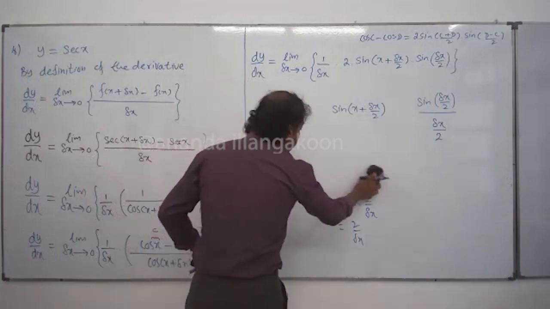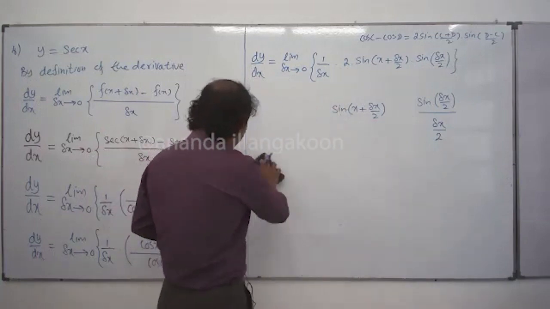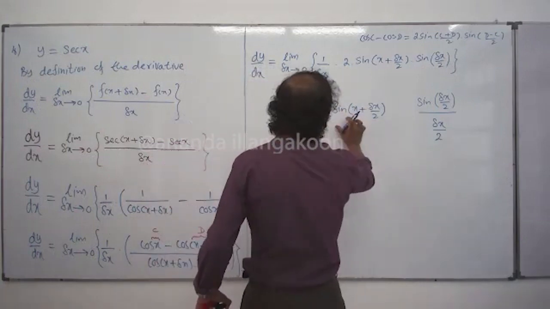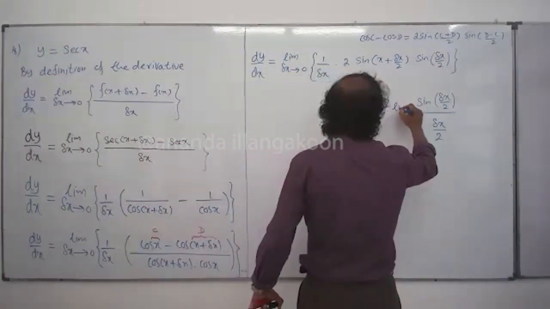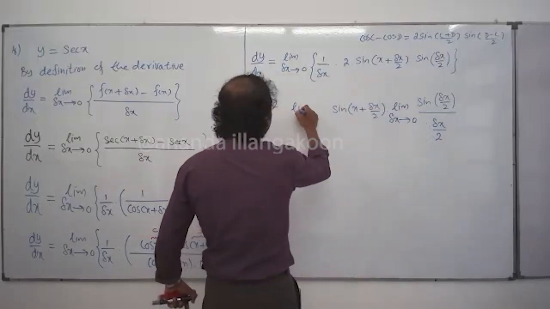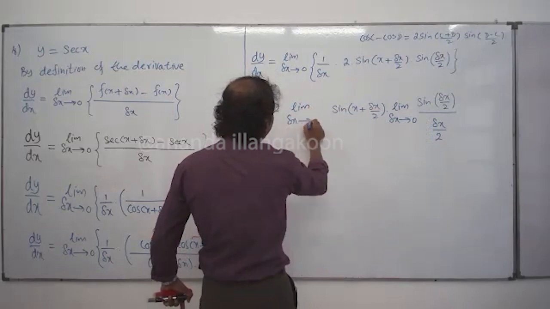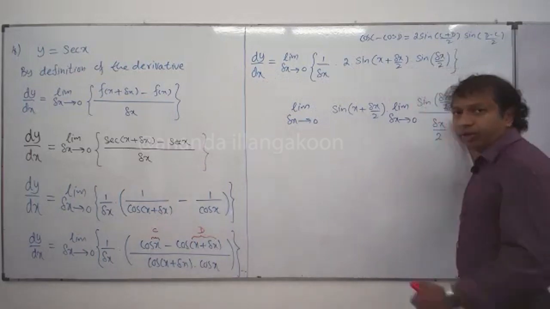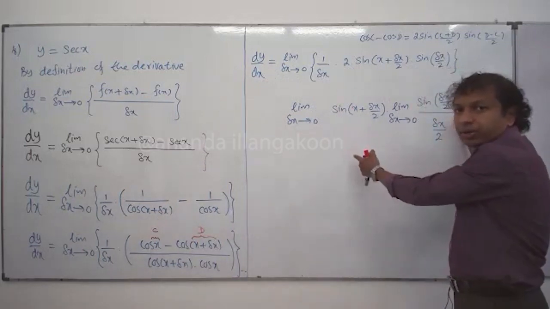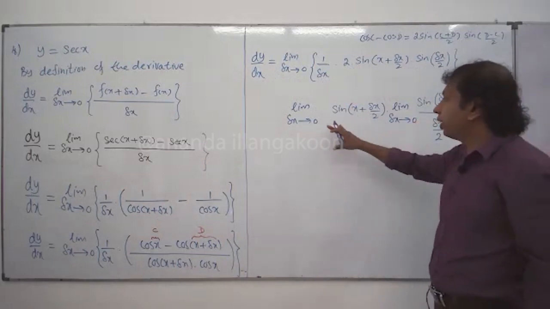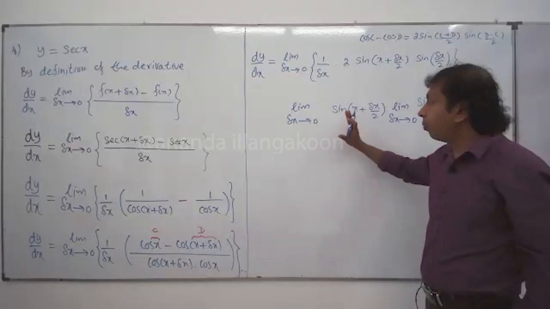Now what I do, people, I take the limit, this delta x going to 0, for this and this separately. Here, limit delta x going to 0, and here, limit delta x going to 0. That is because when we have a product like this, and if we need to find the limit of that product, people, that limit we can apply for both.